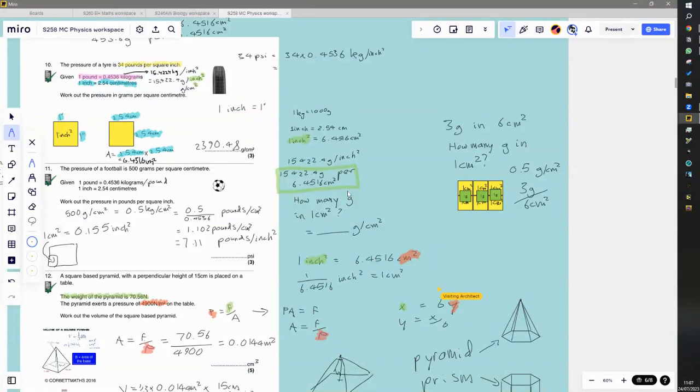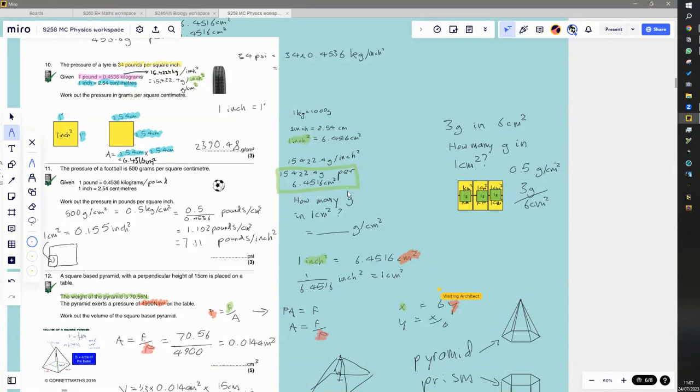So you're going to have more grams spread over a larger area. And so with a smaller area, we're going to have less grams, because the pressure is saying there's that many in every this many, so this would have to be shared across that many centimeters squared.